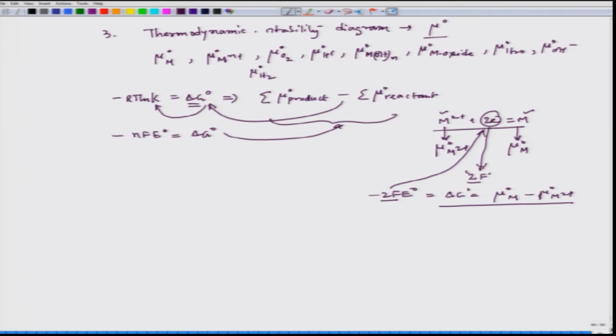As we have said, we are not going into the detailed derivation of this particular relation from the chemical potential of all the species involving electron also, but for our understanding we can see that this electron is contributing this part, and this one can be found out from this relation, and this comes from this.